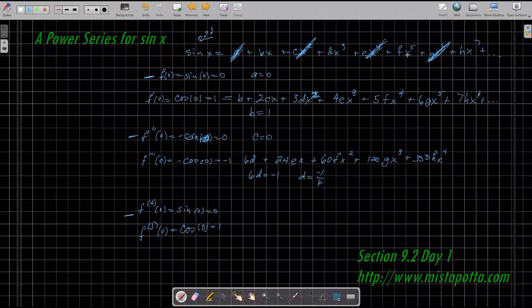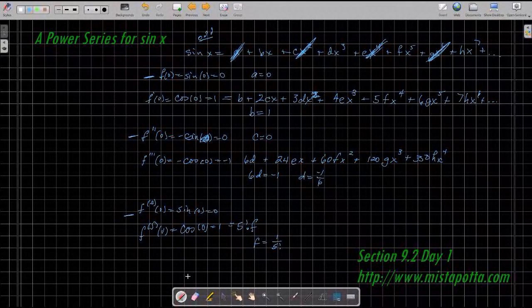And if I've taken the derivative 5 times, this is 5 times 4 times 3 times 2 times 1. So this is really 5 factorial times f. And so f really ends up being 1 over 5 factorial.